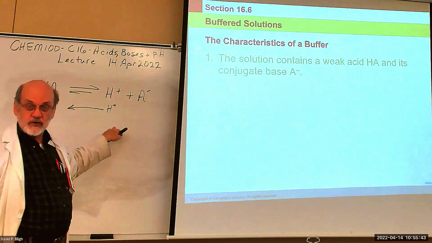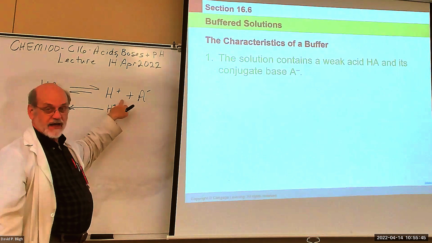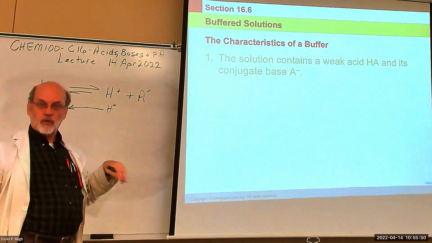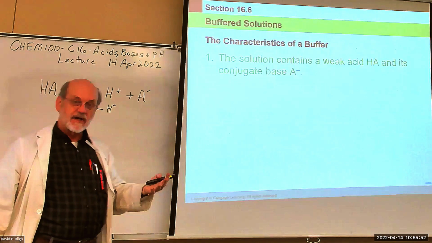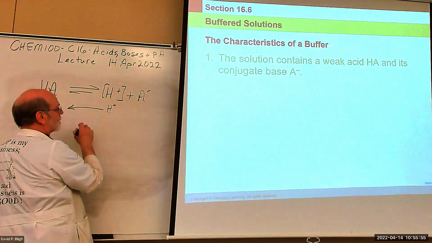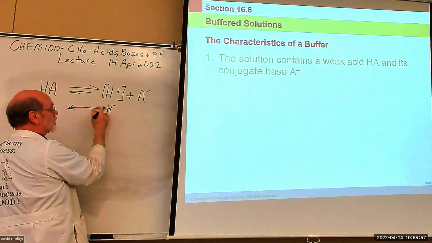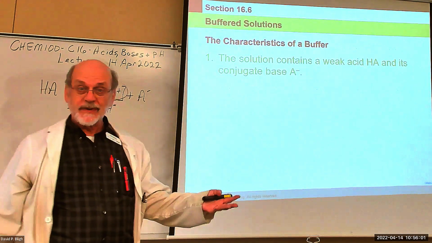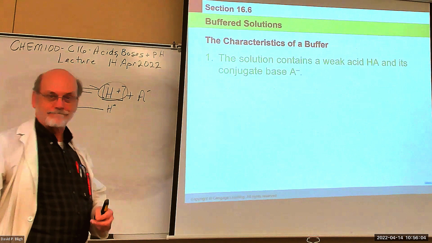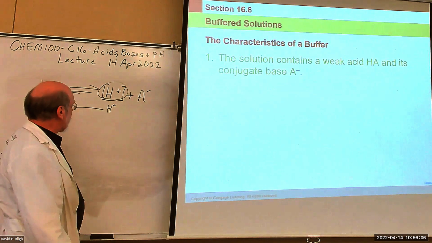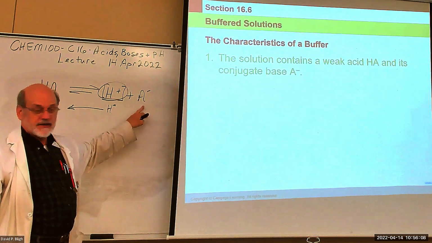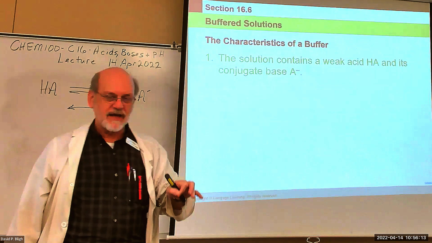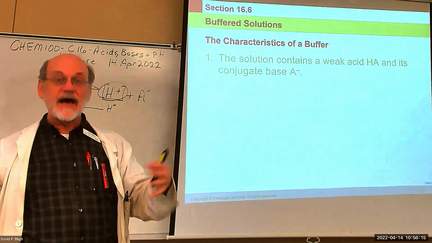It's going to consume most of those hydrogen ions with this strong base, right? What does that do to the pH? Well, the pH was here, right? If we add these, but most of them are consumed, it's almost exactly where it was to begin with. That's why we need a weak acid making a strong conjugate base. It consumes hydrogen ions. That takes care of hydrogen ions if we add hydrogen ions.